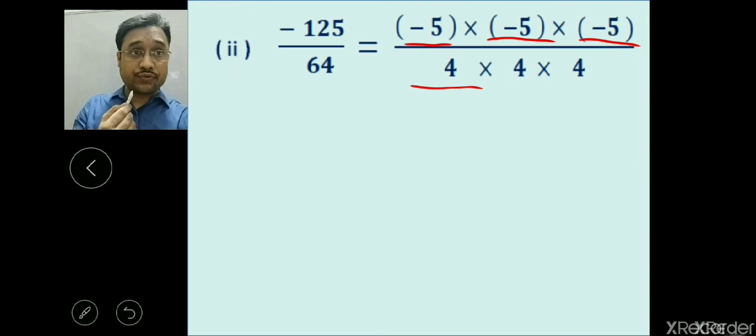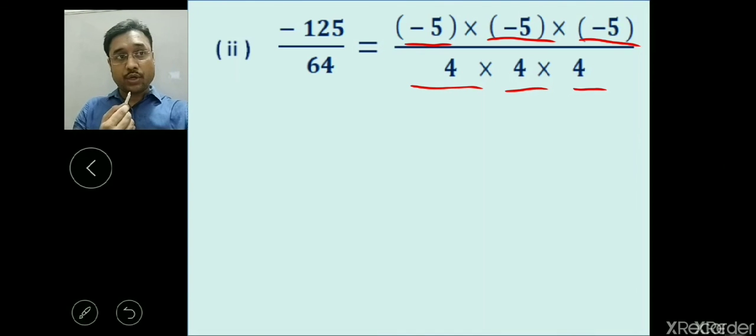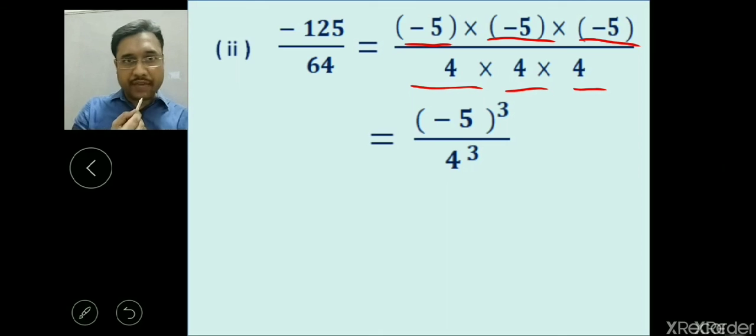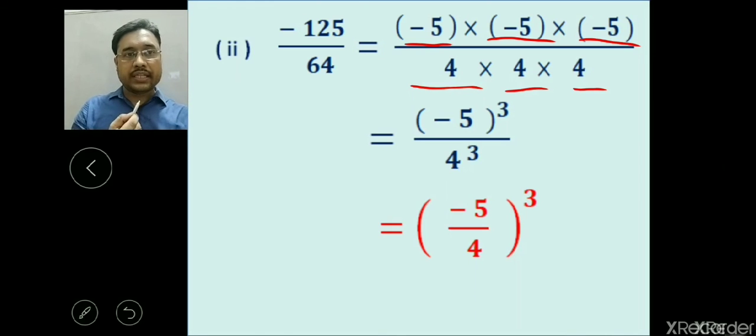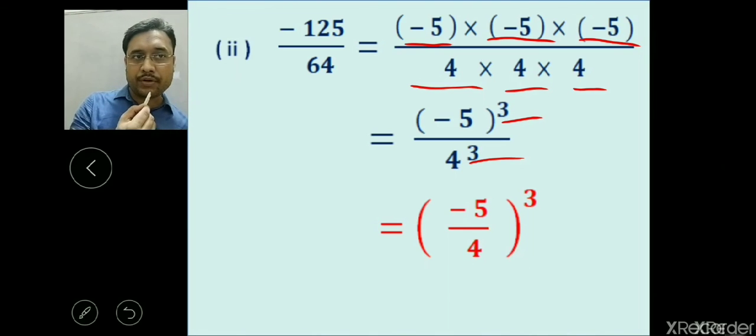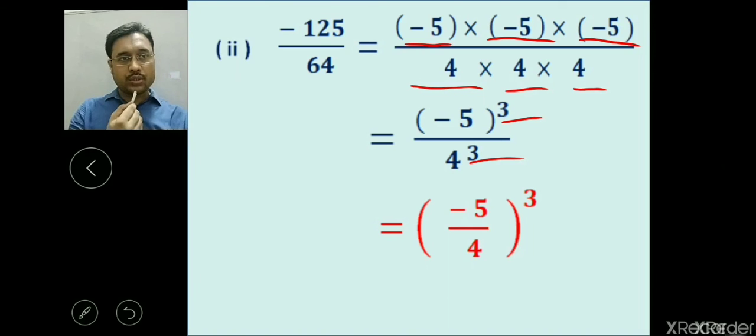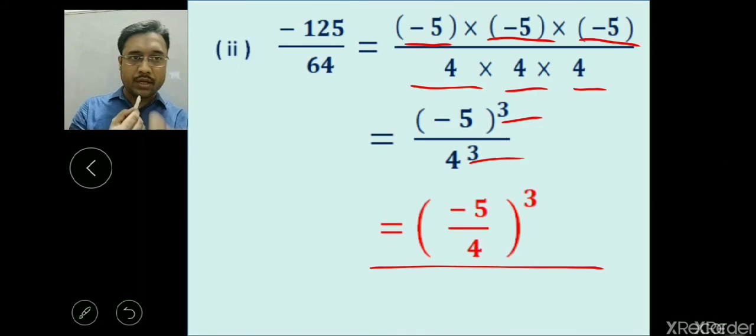Here 4 into 4 into 4 is positive, that is 64, 4 cube, which you get by prime factorization. So 3 times multiplied, give the 3 power: (-5)^3 and 4^3. Then the result is (-5/4)^3. This 3 power is common to numerator, minus 5, and denominator, 4, so you take it common and write it outside. Now this given number is in exponential form, or power notation, because it is given in the form of power: (-5/4)^3.